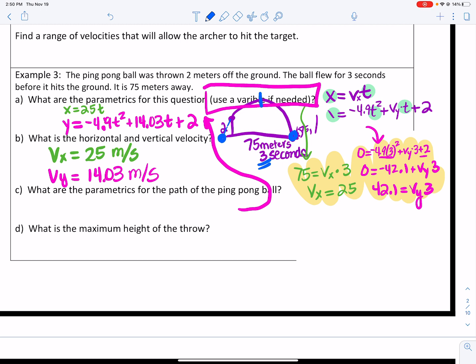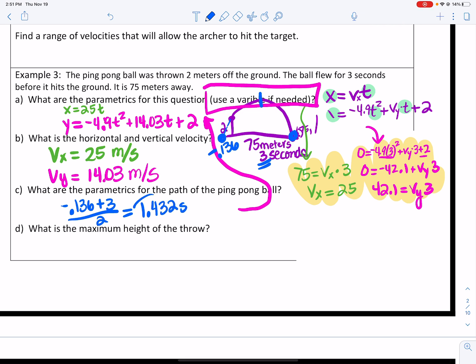But it gives me the other one, which is negative 0.136. So I'm going to take negative 0.136 plus 3 and divide it by 2, and I got 1.432.